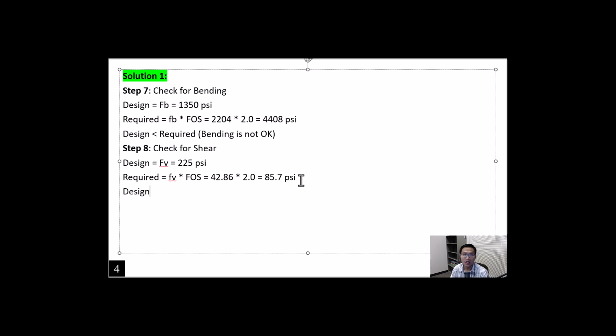So design is larger than required. So the shear is okay. Conclusion: the design is not okay.